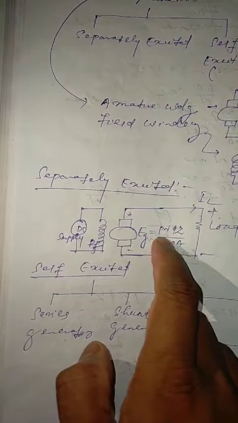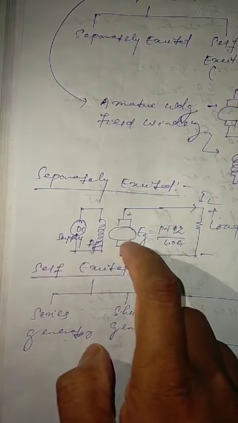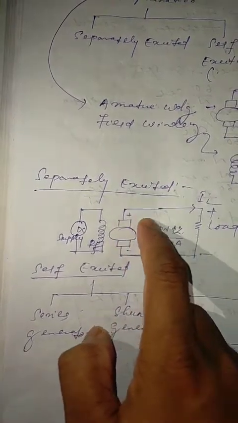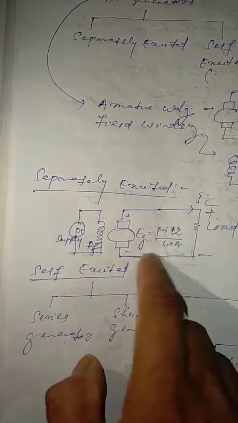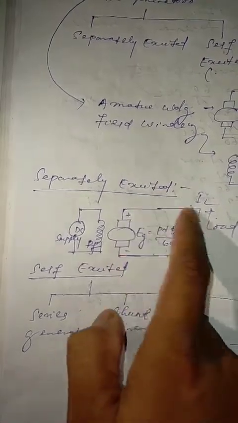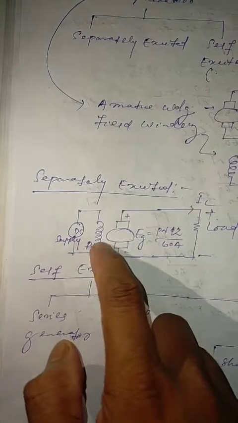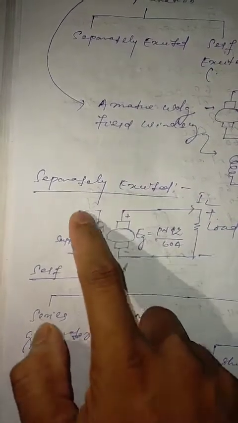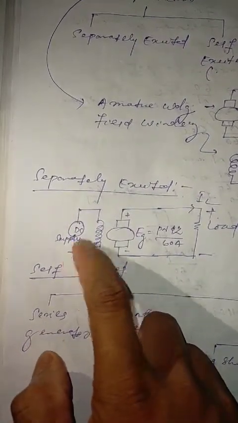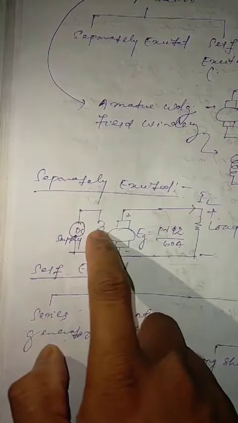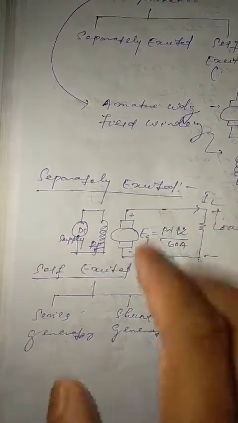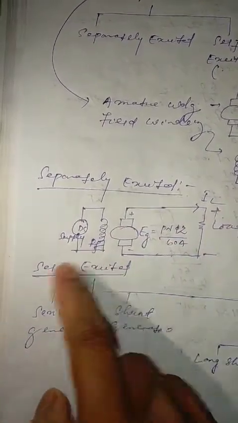This produces a current, which flows in the load. So ultimately this is your armature circuit. Again the field winding is excited by a separate DC supply, and this is known as a separately excited DC generator.